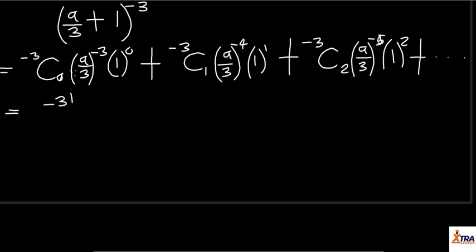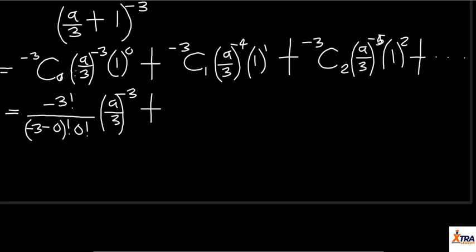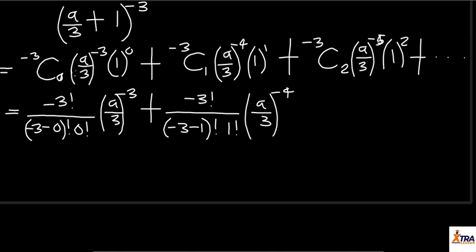In this case now, I can break this down using my knowledge of combination. I will have minus 3 factorial over minus 3 minus 0 factorial, 0 factorial, where this will remain a over 3 raised to power minus 3. I know 1 raised to power 0 remains 1, so I don't need to write that out. This is minus 3 factorial again over minus 3 minus 1 factorial, 1 factorial, which will give me a over 3 raised to power minus 4.